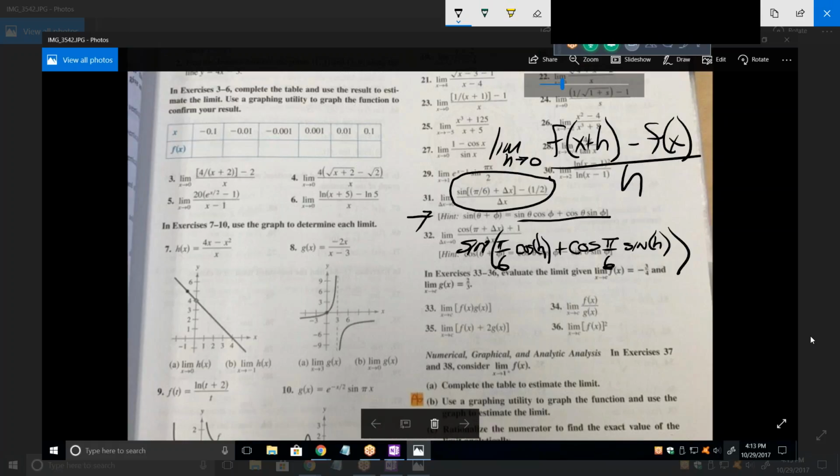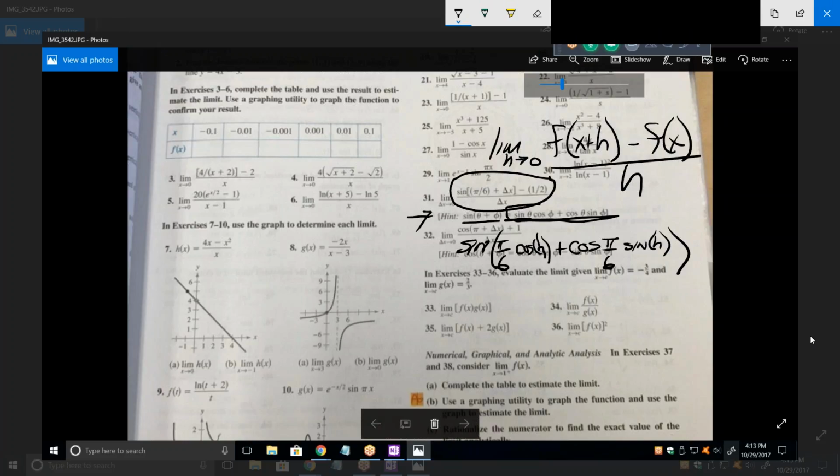Wait, what's that first thing you wrote in the first part of that? Sine pi over 6. It's all I'm doing is this right here. In other words, theta is pi over 6. When you take the sine of two angles that are added together, that's the sum and difference formula.